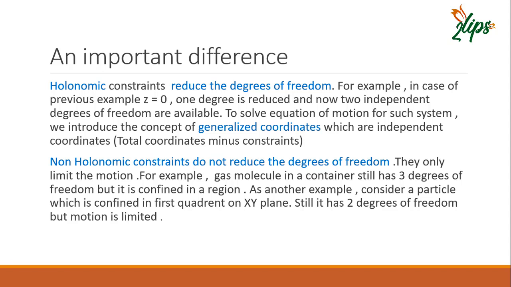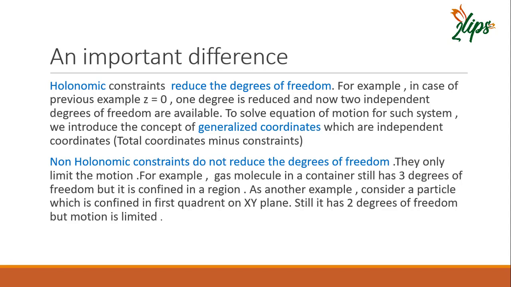For example, a gas molecule in a container still has 3 degrees of freedom, but it is confined in a region. As another example, consider a particle which is confined in the first quadrant of the xy plane. Still it has 2 degrees of freedom, but motion is limited. You can imagine a ball on the surface of a table.